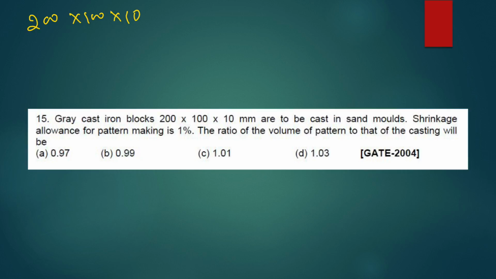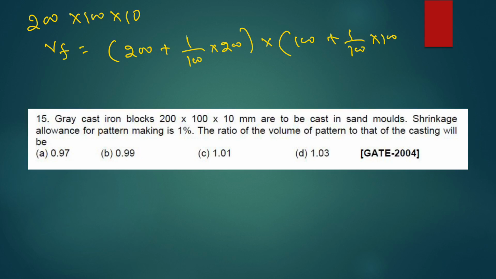So final volume of pattern, final volume VF is 200 plus 1% of 200, 1 by 100 into 200, this is for length. Then for 100, it's 100 plus 1 by 100 into 100, and for 10, 10 plus 1 by 100 into 10.